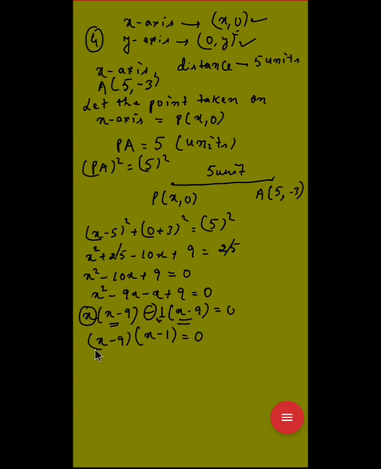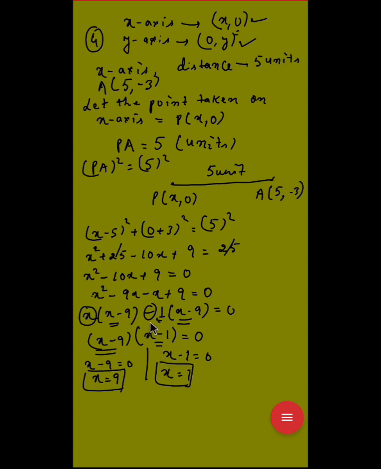Now either x minus 9 is equal to 0 or x minus 1 is equal to 0. So we have x is equal to 9 from this part, and similarly x is equal to 1 from this part. So we have found the value of x.